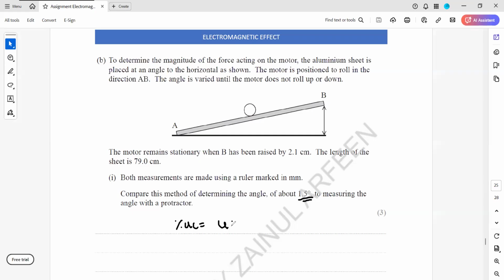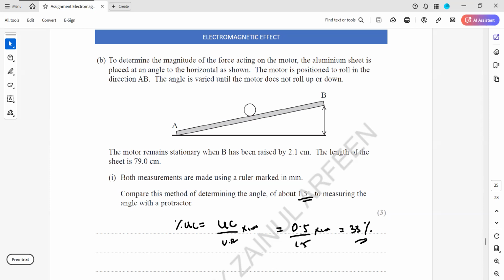Percentage uncertainty is uncertainty divided by the value recorded times 100. Usually a protractor has 0.5 degree divided by 1.5 times 100. So if I use a protractor to measure this angle, we'll have an uncertainty of about 33%.